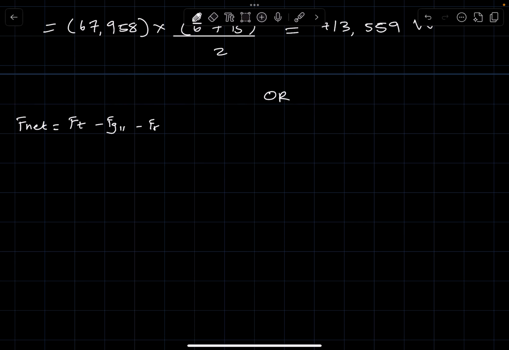If F net is equal to that, what it also tells us is that W net, the net work done, is equal to total work done minus the work done due to the component parallel to the plane minus the work done due to friction. So from this, you can calculate the total work done, and use the total work done to calculate your power.